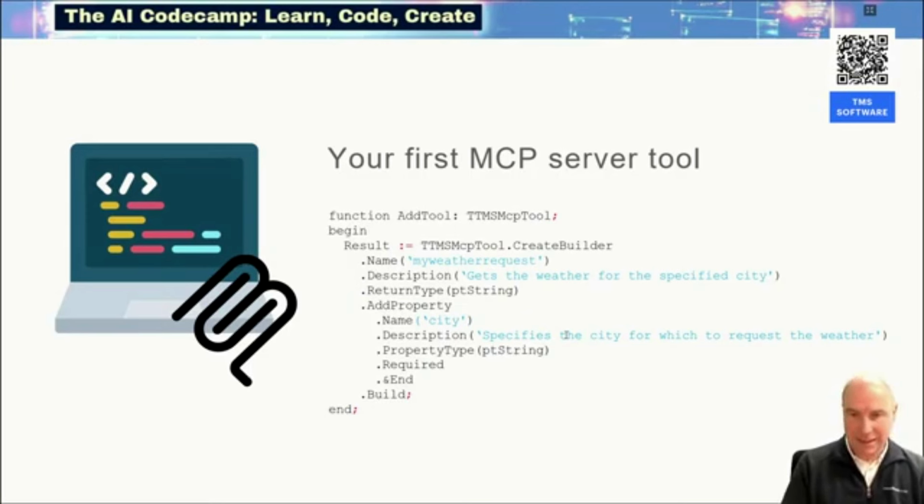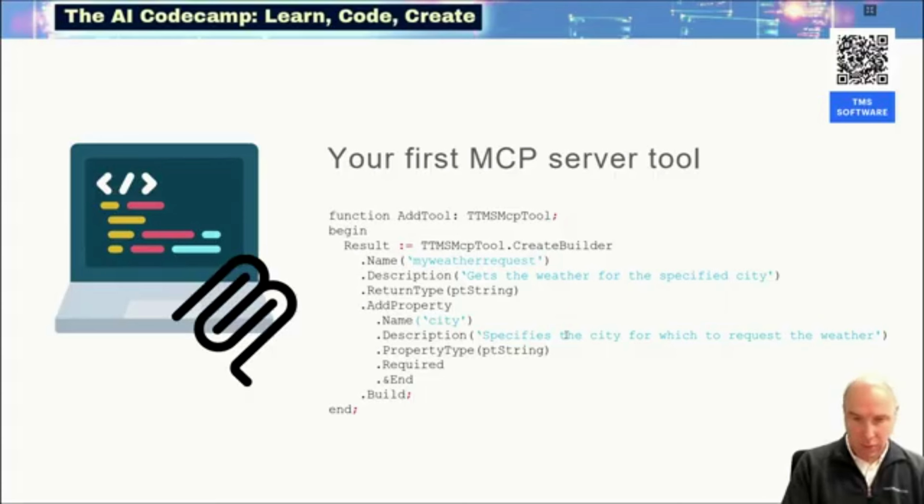There's also the parameters, the arguments, which are described as properties. So here in this example for calling the actual weather conditions, that argument will be city, and we add some description and type of the parameter that is passed.